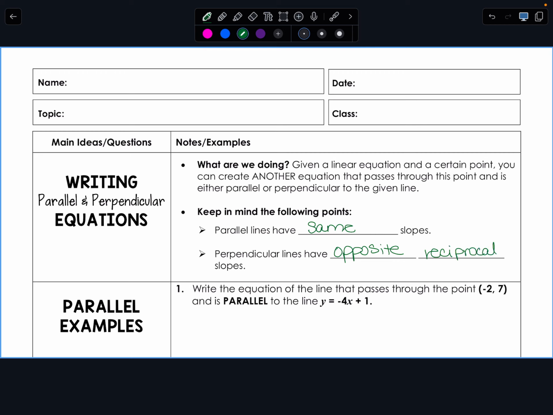Okay. Now, I'm going to ask you guys to write equations of parallel and perpendicular lines. But what you'll notice, even in these examples, is I don't tell you what form to use. So if I don't tell you what form to use, don't make it hard on yourself. Don't put forth more effort than you need to. Not like I'm saying be lazy, but why would I exert more effort if I don't have to?